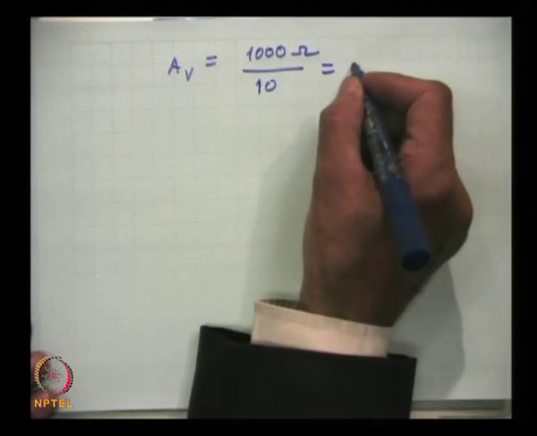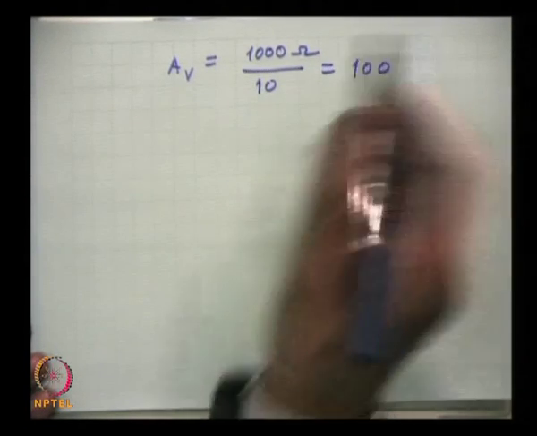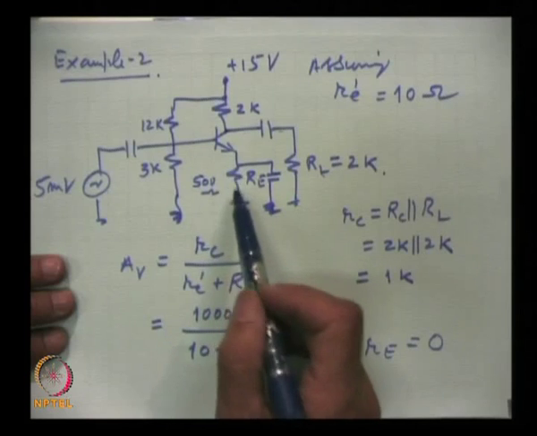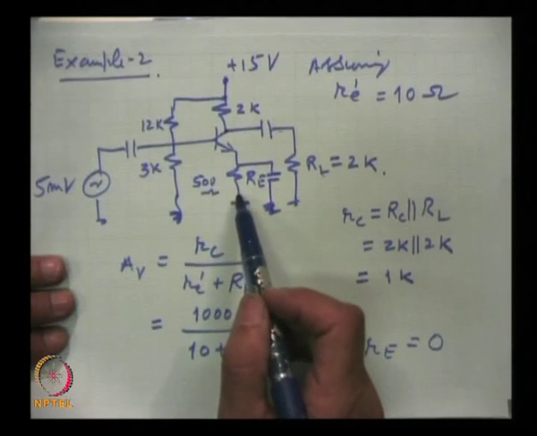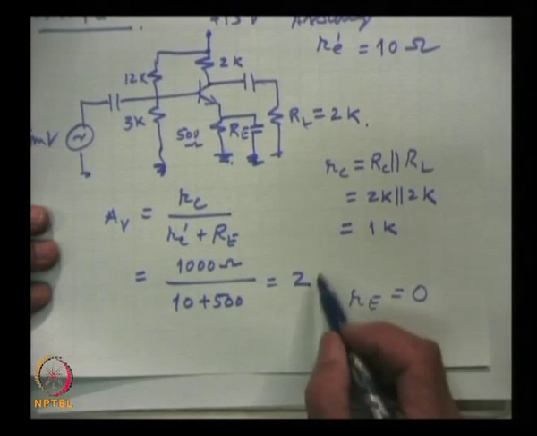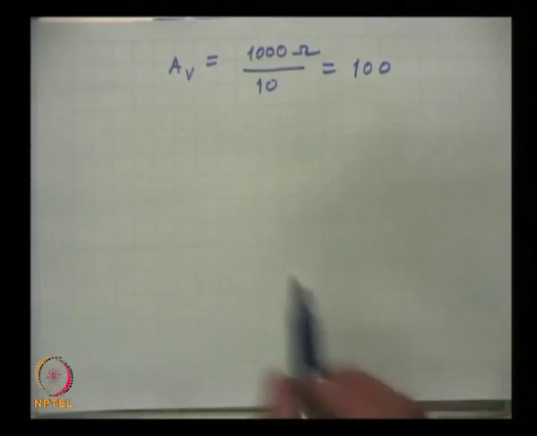So, that is 100. So, what is the purpose of putting a bypass capacitor across this emitter resistance should become amply clear to you.